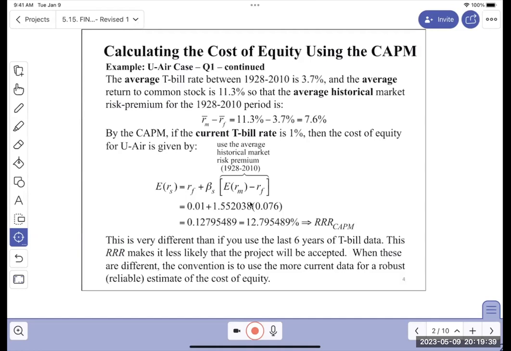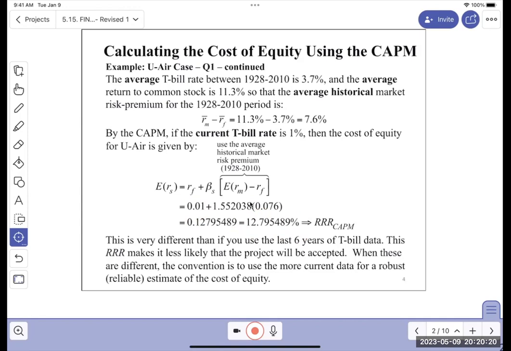So if we were to do that, go back to the data on 1928 to 2010 in the risk and return notes, and there the T-bill rate on average was 3.7 and the common stock returns were 11.3, so the risk premium was 7.6%. So the average historical market risk premium over 80 years was 7.6, as opposed to the 2% that we had before. Leaving the current T-bill rate at 1%, look how high this is. This is really high.